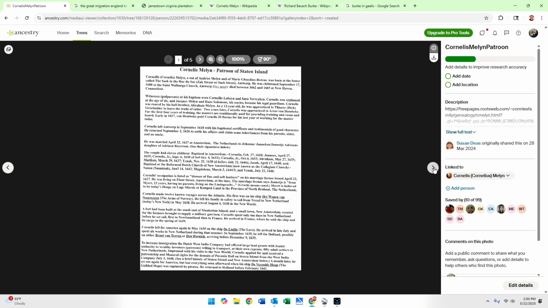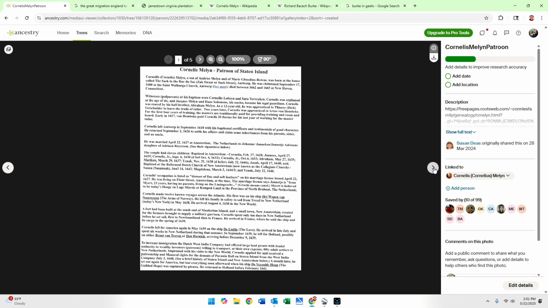So this shows some of his, he called him a patroon. So what a patroon is, what they did in the Netherlands is they decided that they were going to colonize, but what we're going to do is we are going to give tracts of land to people, but they got to bring the families to settle it.